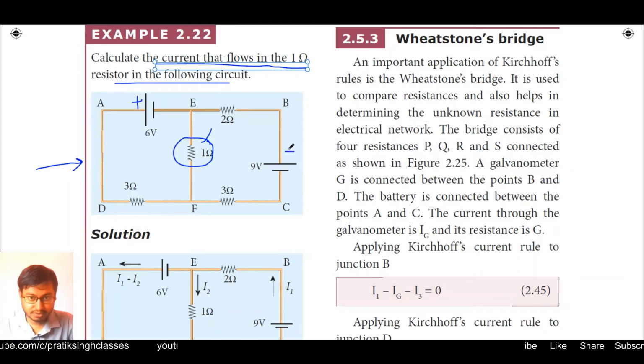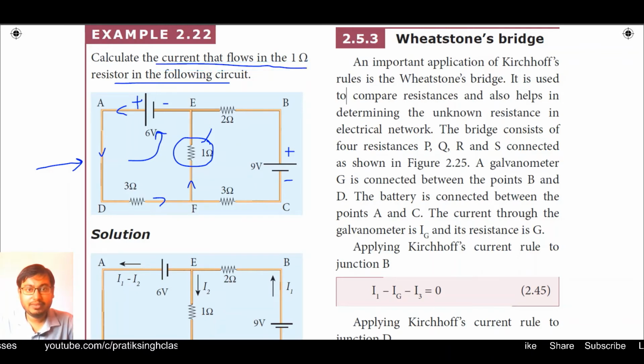When you are talking about the circuit, always keep the terminal from where the positive terminal of the battery starts. The direction of conventional current, if you are taking loop ADFEA, starts from the positive terminal of the battery, goes in this direction, and again in the upward direction here. So the direction of flow of current is anti-clockwise.